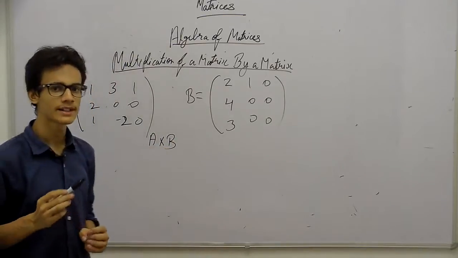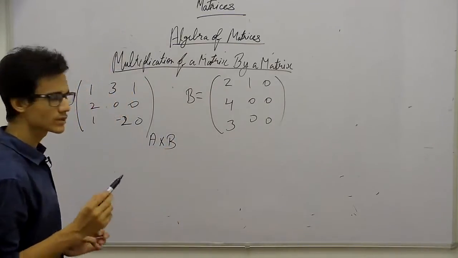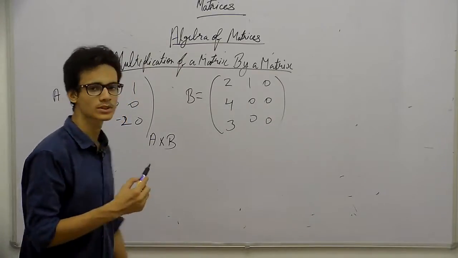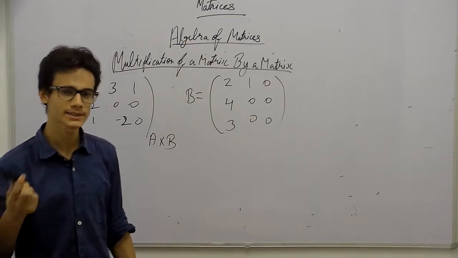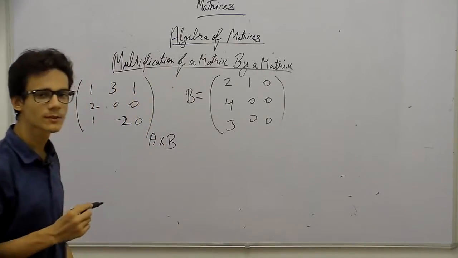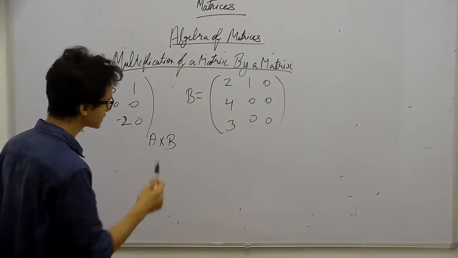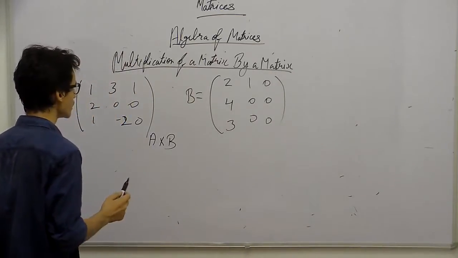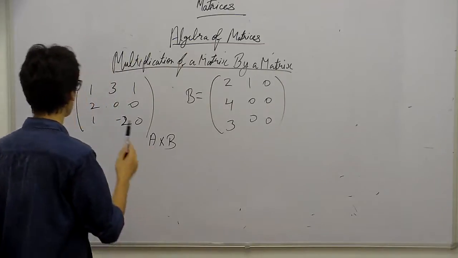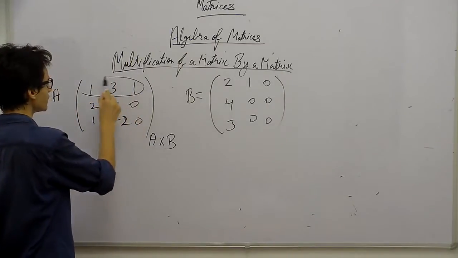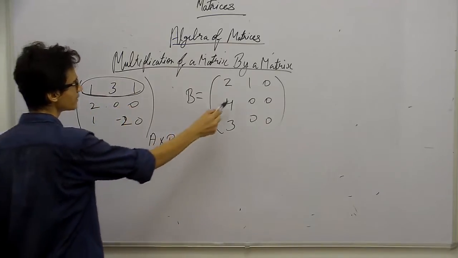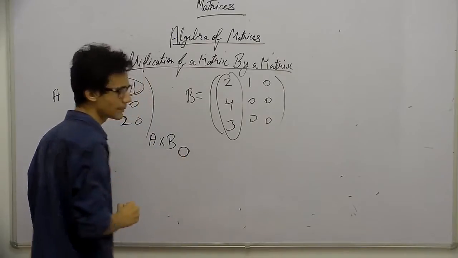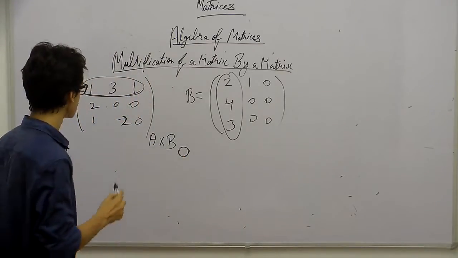To multiply a matrix by a matrix, first of all there are some requirements which we'll talk about later, but first let's see the process. If the requirements are met, what is the process? Let's learn that with the help of this example. We multiply the first row elements with the first column elements to get the first row, first column element of the product matrix.